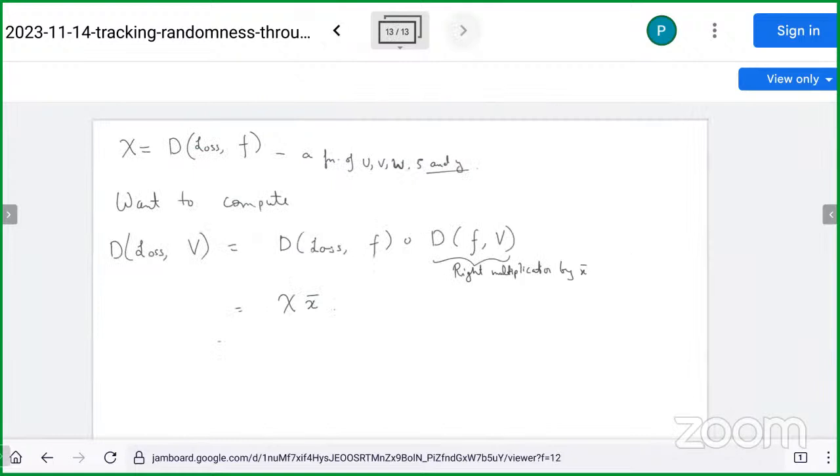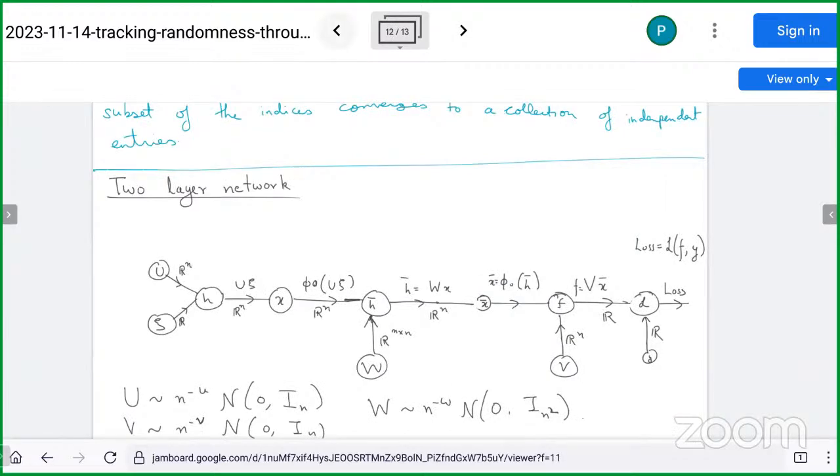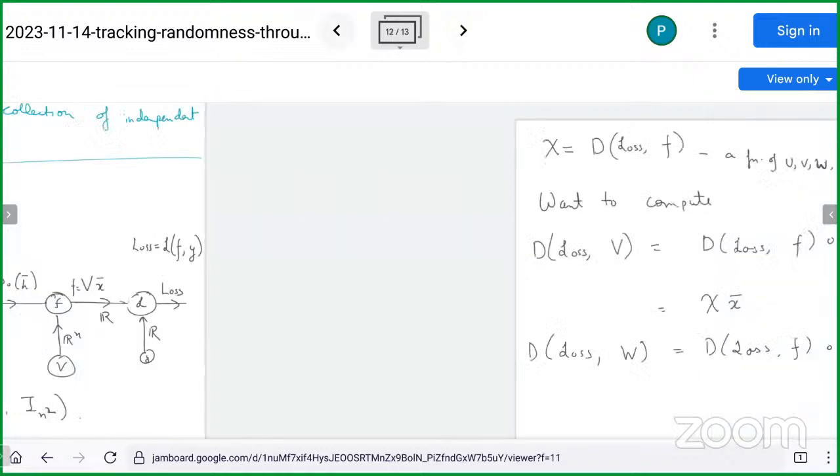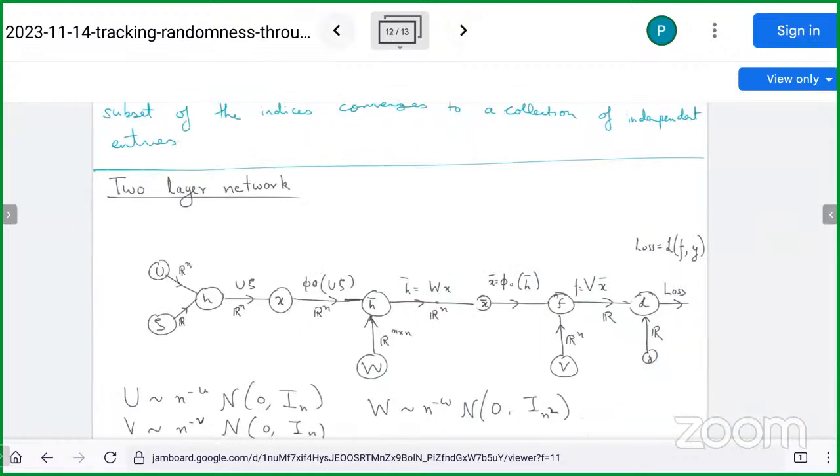So D loss with respect to W: again, you have to find cuts in the graph that disconnect the loss from W. So certainly we can put D loss F, then DF X, since X disconnects that one, then D X W X, then X disconnects the X bar. Yeah, so it's clear.